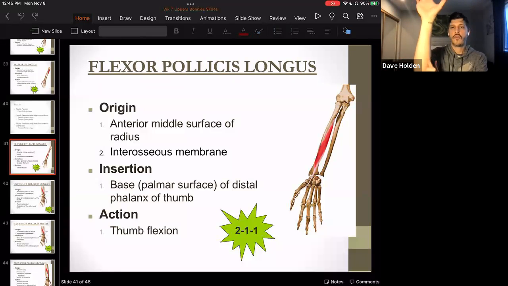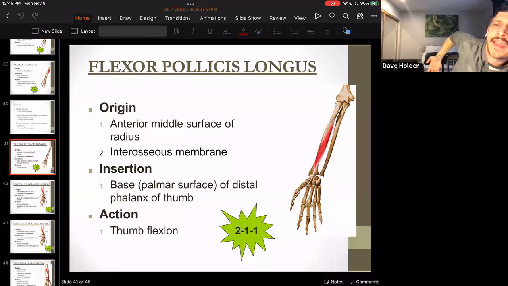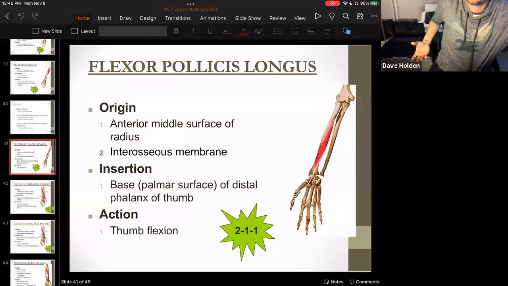So from the anterior side to the end of the thumb, when it contracts, it's going to pull the thumb forward in anatomical position, pulling it forward into flexion. Sorry, it's hard to get my hand in anatomical position on my little camera. Hold on. There we go. Flexion, ta-da!